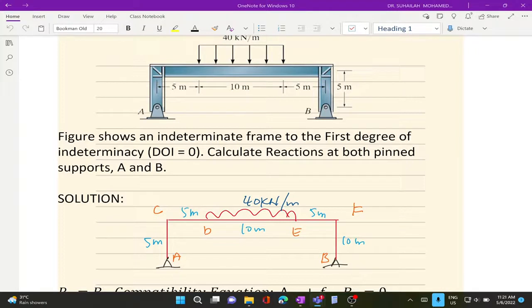So in today's lesson, we are going to analyze frame using flexibility method.